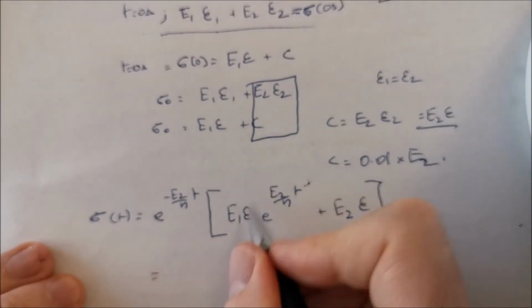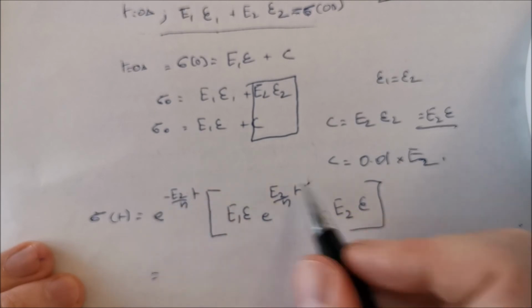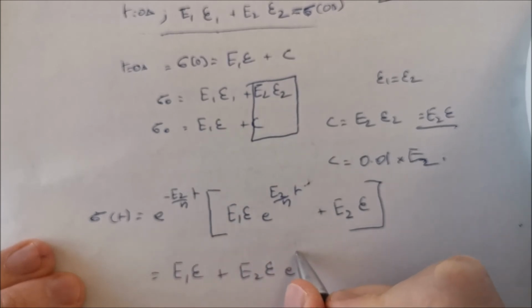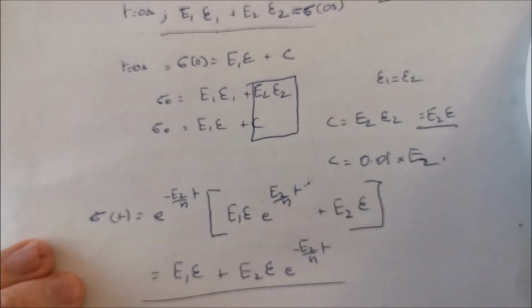So if you just cancel the terms, because this and this would be equal, would be E0, right? So would be equal to 1. So we would obtain a final form of E1 epsilon plus E2 epsilon times the exponential of minus E2 divided by the viscosity times the time. So that's the final expression that we would have.